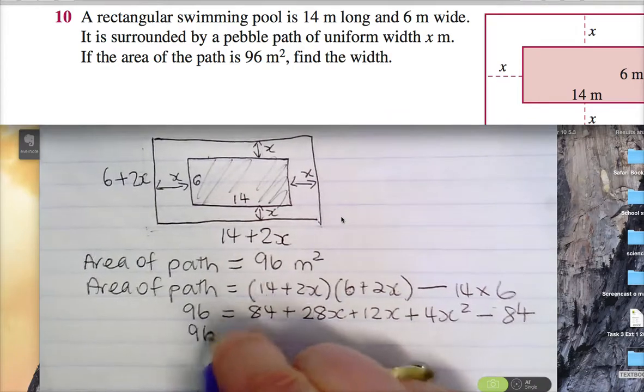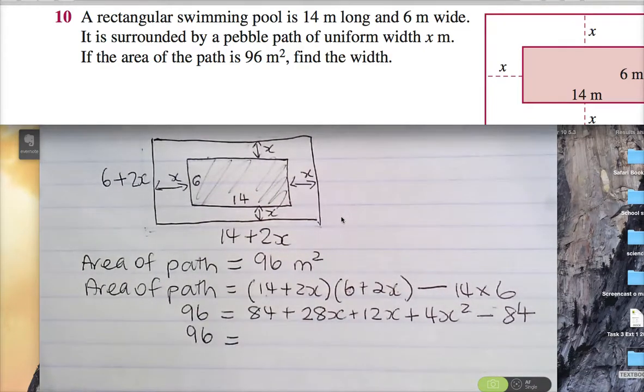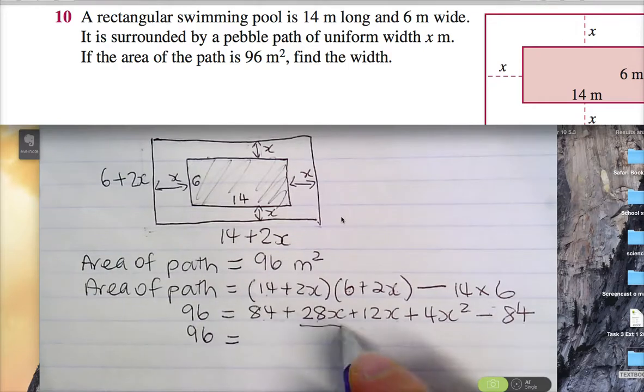So we've got 96 is equal to what? Girls, 84 minus 84 goes? What have you got? Like terms.